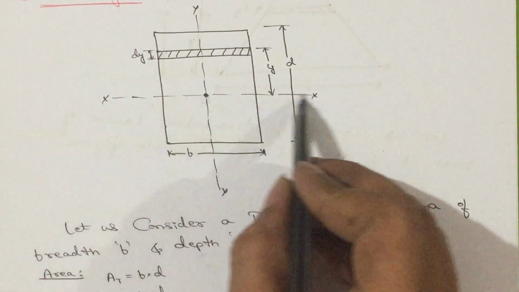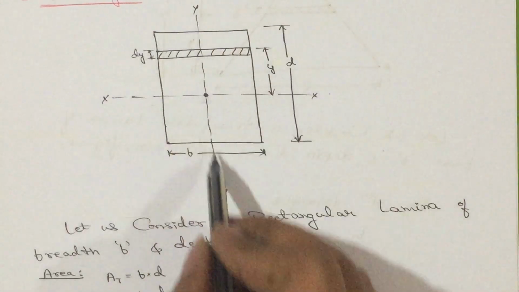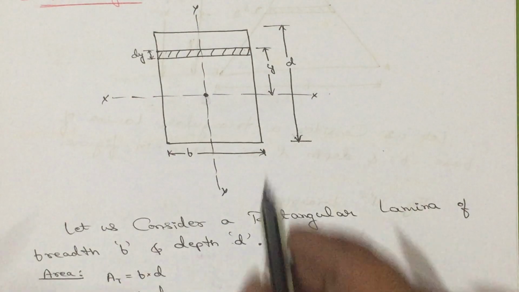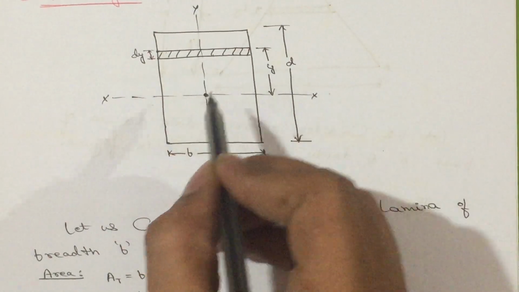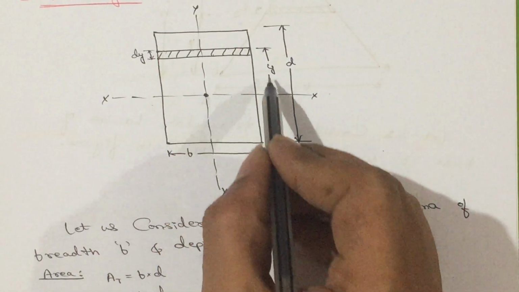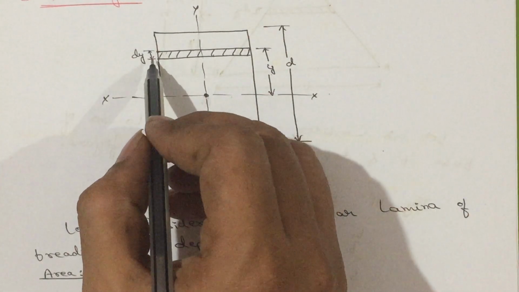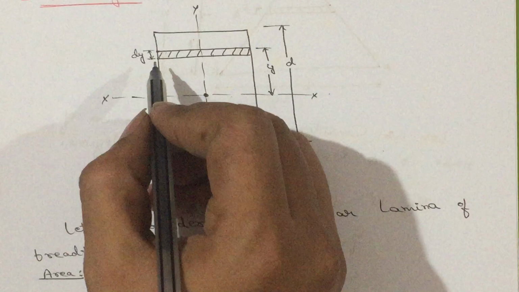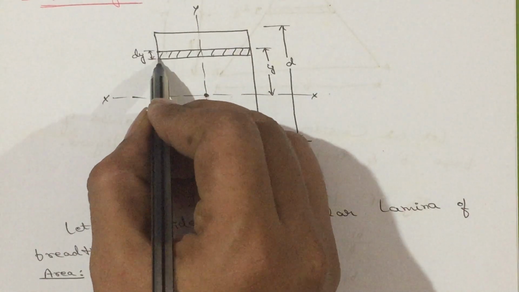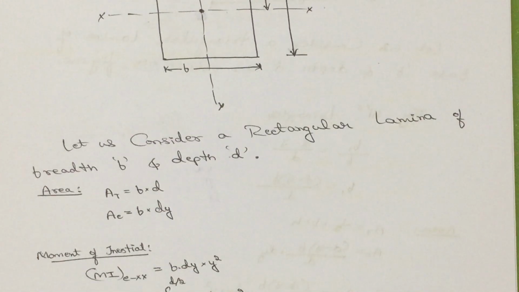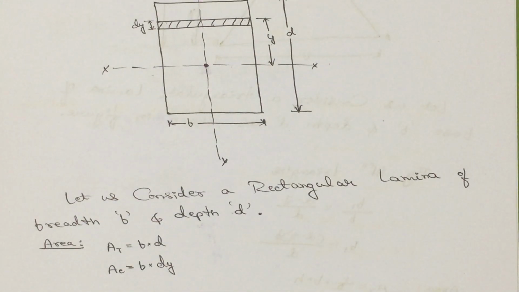Let us draw the axes passing horizontally and vertically. We call them the xx and yy axes. Now, the distance of this elemental strip from the xx axis is y. The thickness of this small elemental strip we call dy.